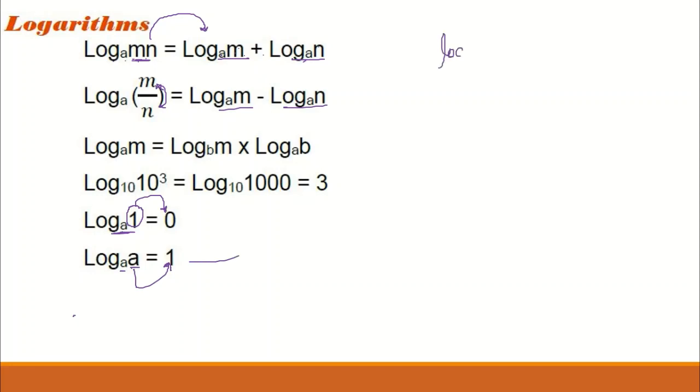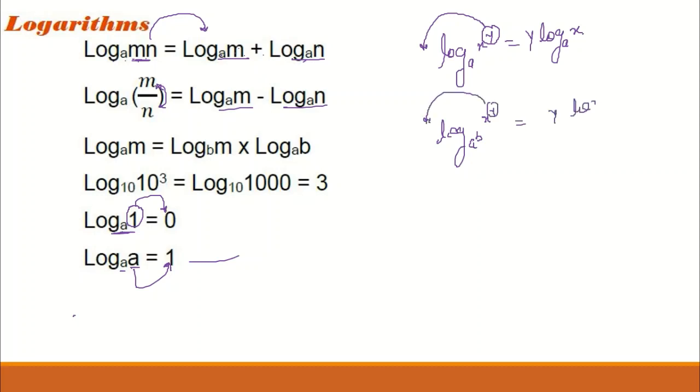Let's take another example, log a of x to the power y, then this y will come in front of it. If it is log a to the power b of x to the power y, then this y will come in front of it, and this b will come here in the denominator.